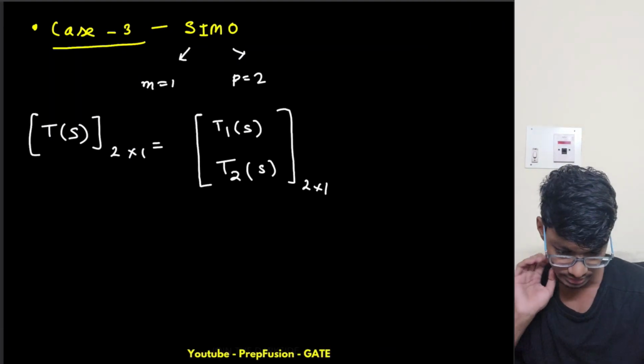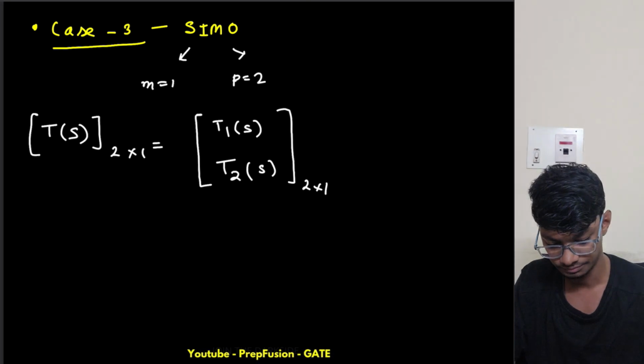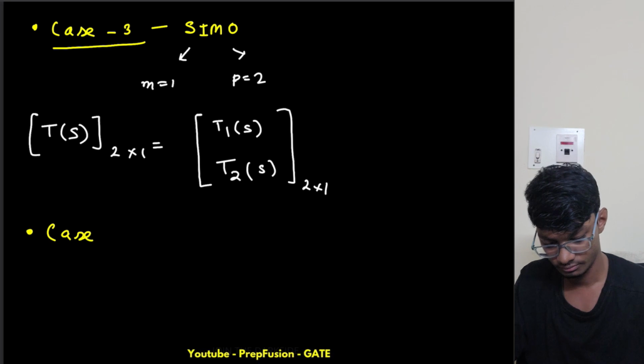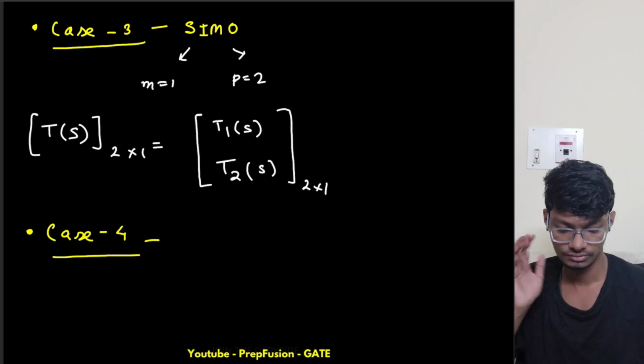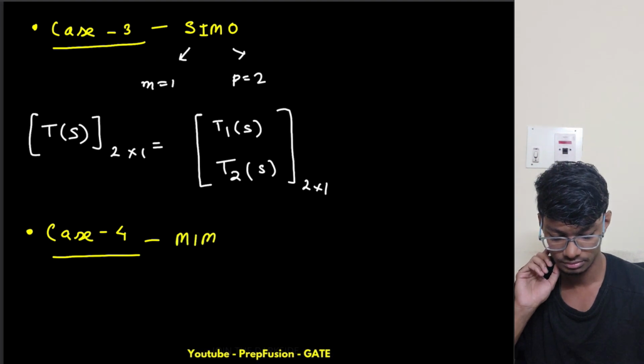Now let's solve for case 4. What is case 4? Case 4 is multiple input, multiple output.